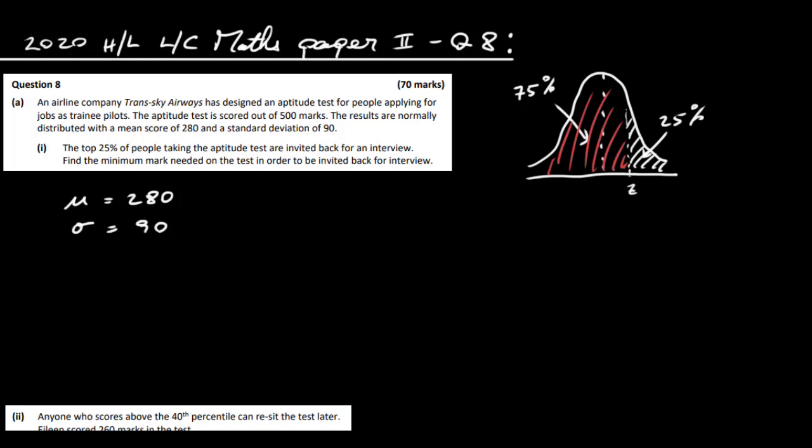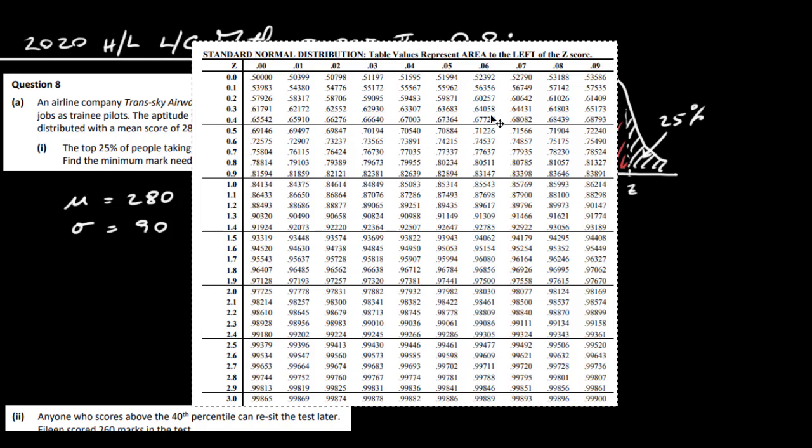Okay, so these are our tables here. Now we want 75% here, so let's have a look for 75%. Well, we can see here we've got 73%, 74%, 75%. So we have 0.74 here, and we have 0.75 here.